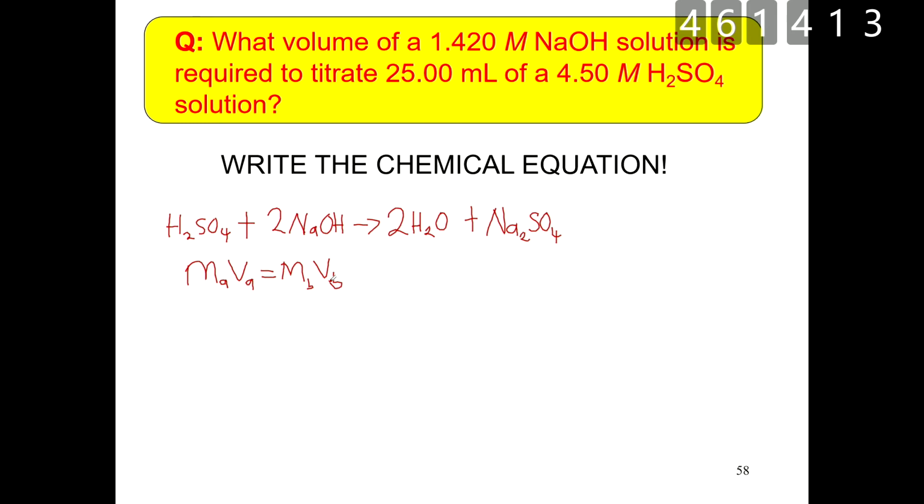MA VA equals MB VB means the ratio is 1 to 1, but now it's not 1 to 1. What's the ratio of acid to base? Acid to base is 1 to 2, right? So here it is a little different.